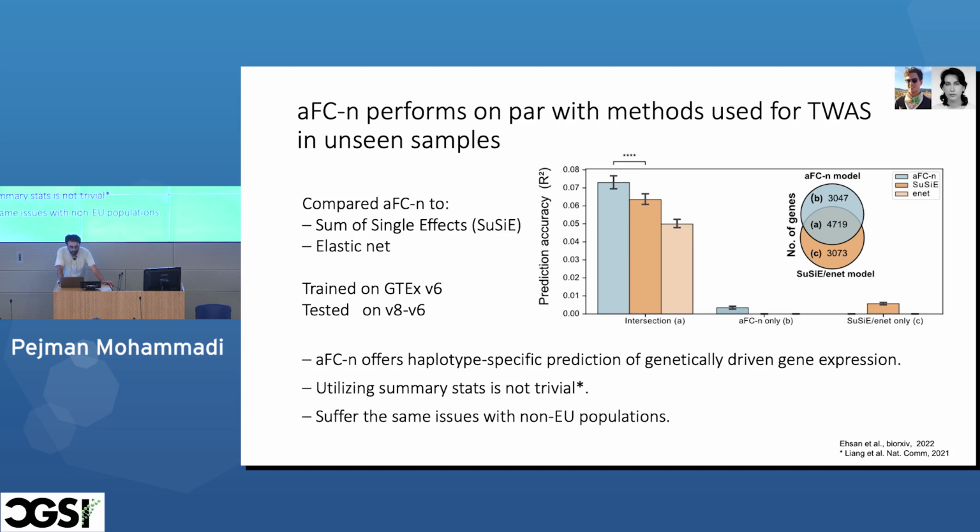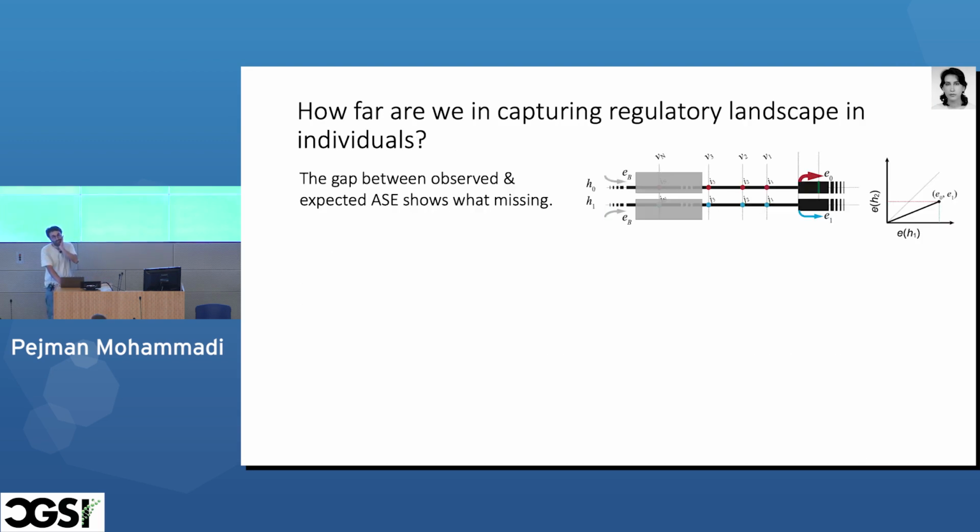And I'm not showing it here, but all three methods suffer the same when you have underrepresented populations. We tried quite hard to get our model to work, correcting for LD patterns and so on. We couldn't get it, at least on GTEx data, because the samples are just way too low.